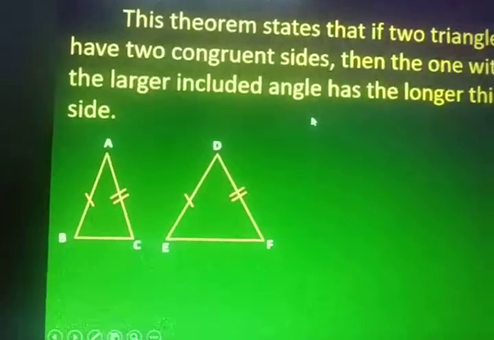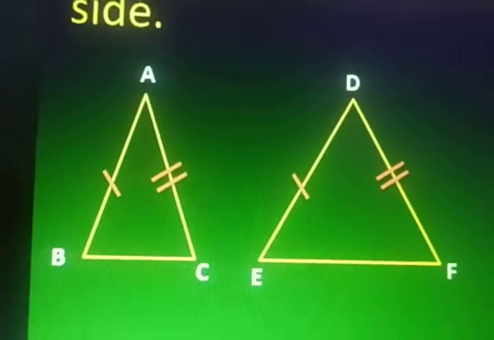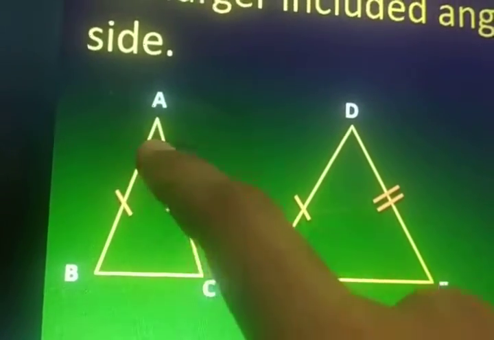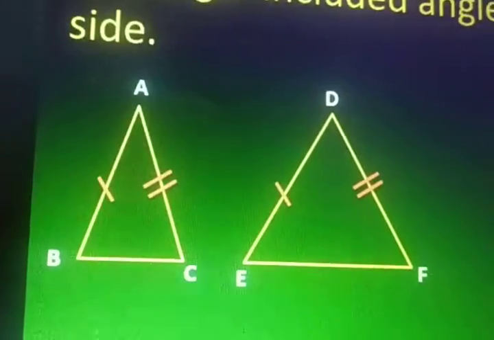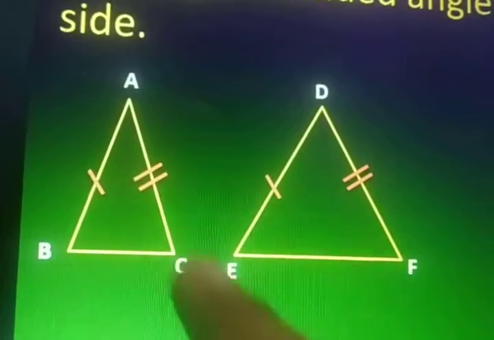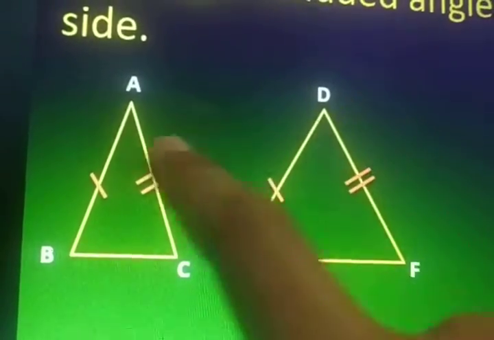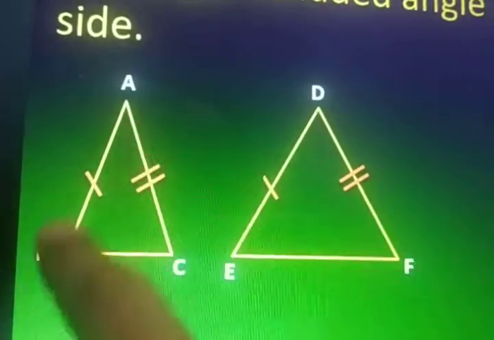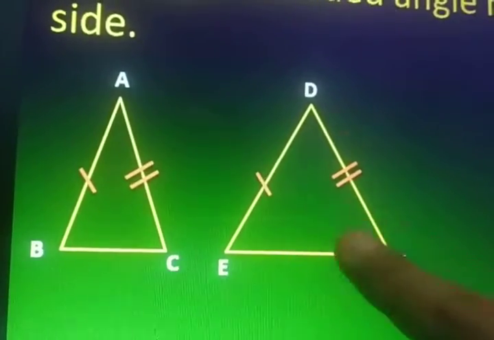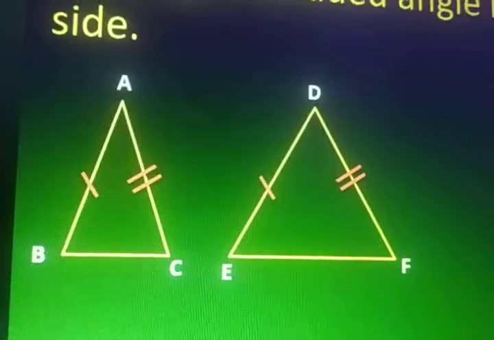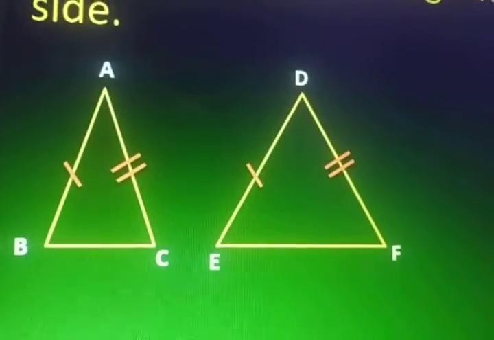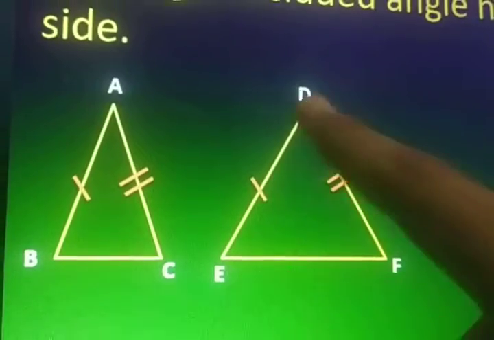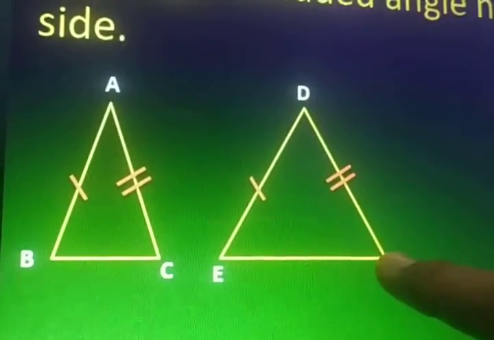So class, remember SAS, when the two marked parts have an included angle, napatungan nga angle. In this case, the included angles are angle A and angle D, because angle A is in between the two sides, line segment AB and line segment AC. In this case, the included angle is angle D. Kaya napatungan siya sang line segment DE kag line segment DF.